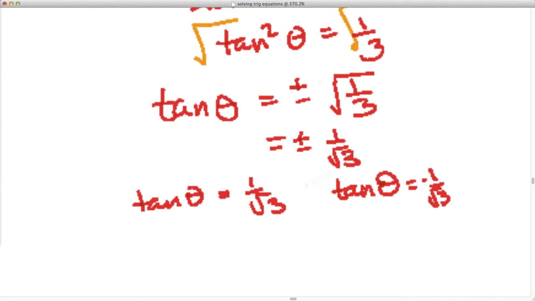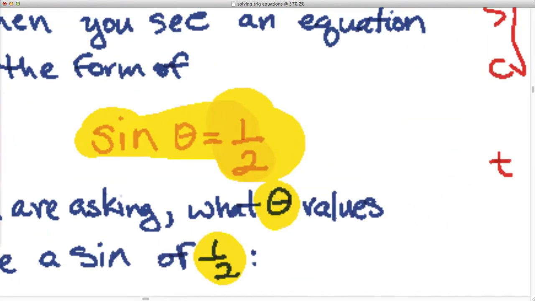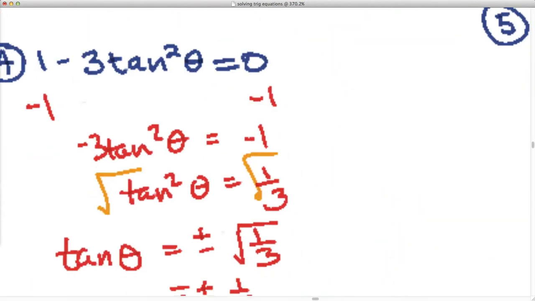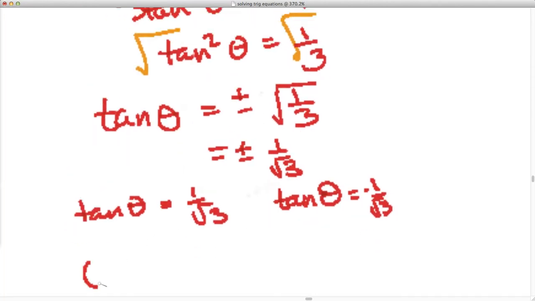So in this case, we're going to have to determine what reference angle has a tangent of 1 over root 3, and if we come over here, that would be this one underlined here, which is 30 degrees or a 6th denominator. So the reference angle of 30 degrees always has a 6th denominator no matter what quadrant we are.